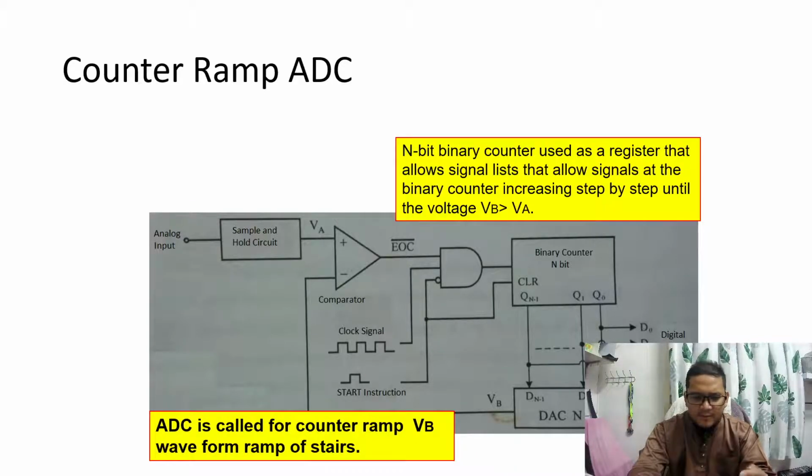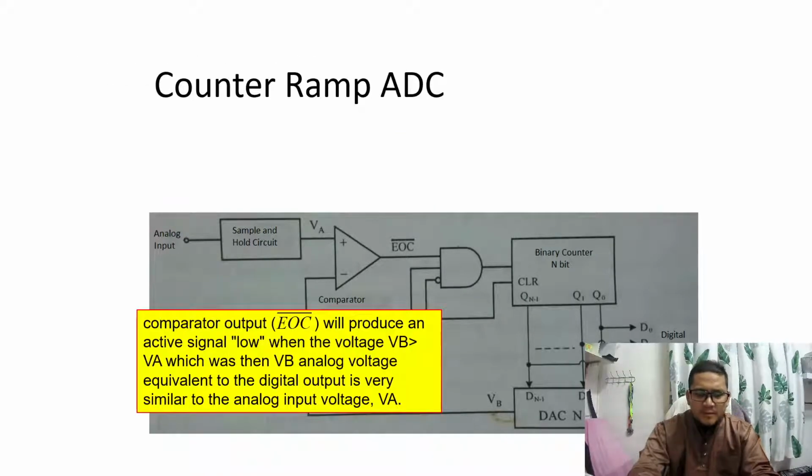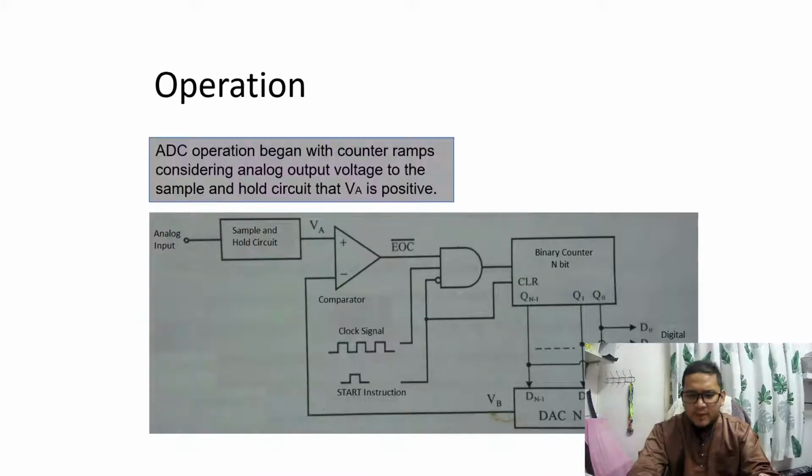Okay, dia akan form VB kita akan form the ramp of stair. So that's why they call it counter ramp. So the comparator output EOC will produce an active low signal when VB is greater than VA. So VB, the analog voltage equivalent to the digital outputs, is very similar to the analog input voltage VA.